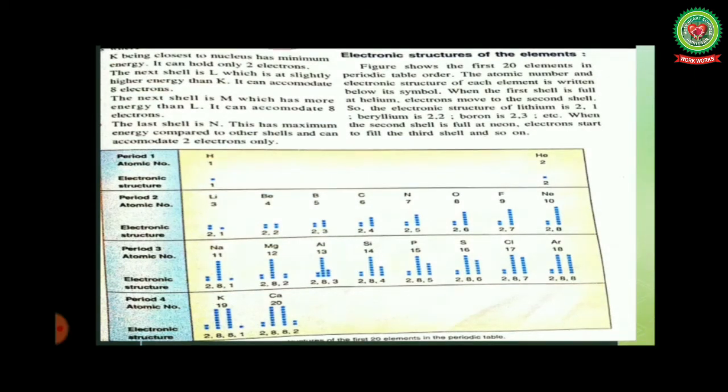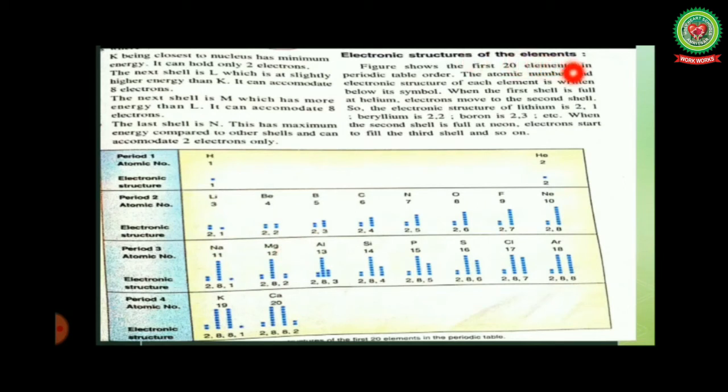The atomic number and electronic structure of each element is written below its symbol. See, for hydrogen, atomic number is 1, electronic structure, that is number of electrons, 1. Beryllium, atomic number 4, electronic structure 2 in K shell, 2 in L shell.